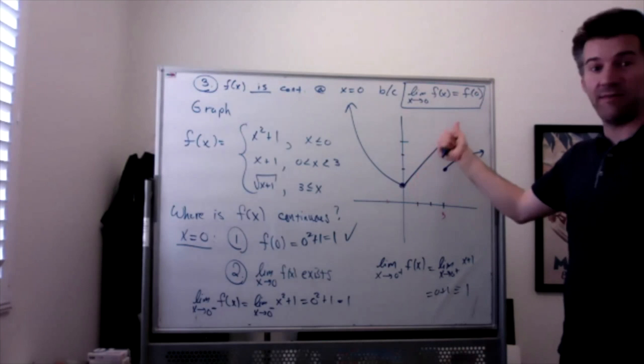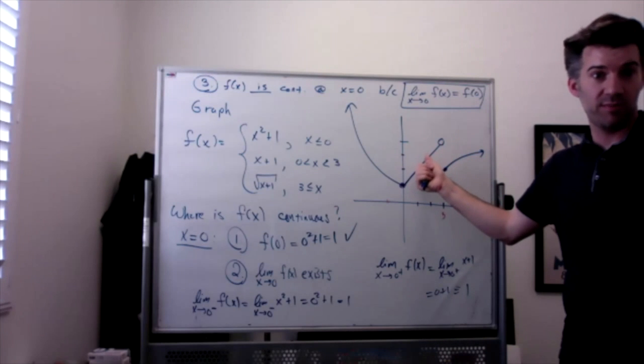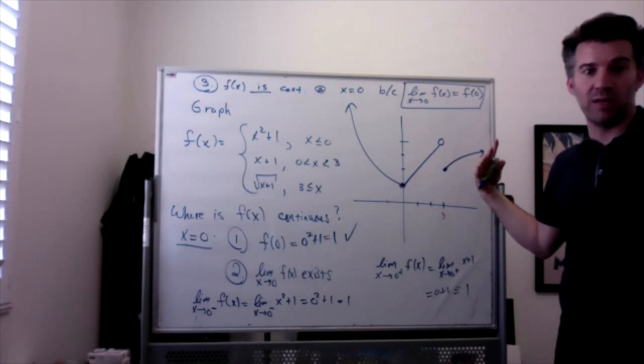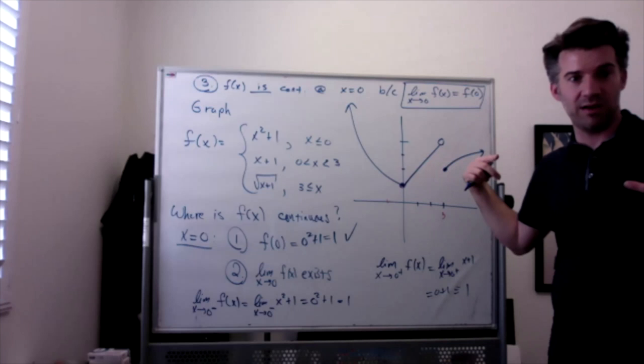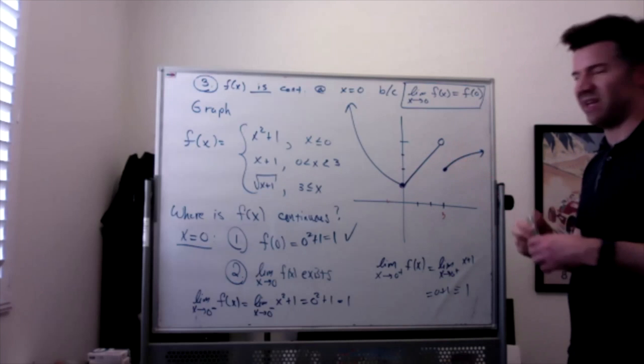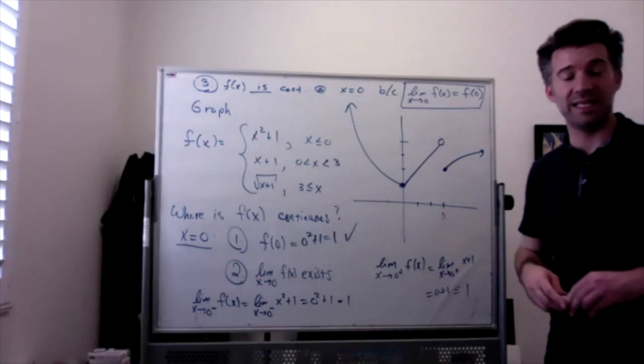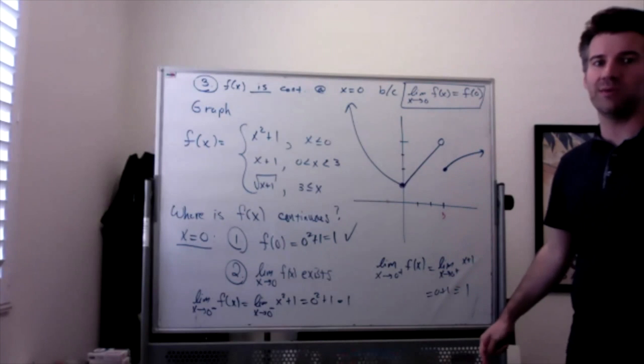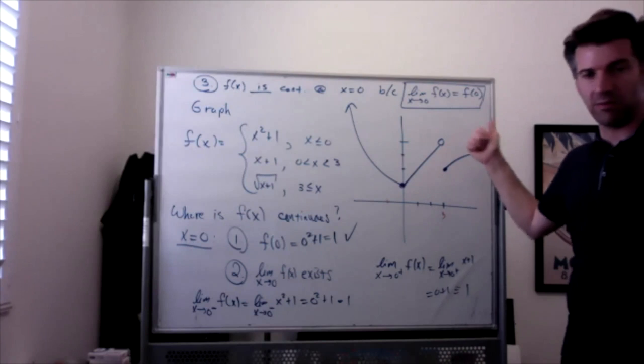The limit from the left is not equal to the function value. So this function is right continuous at 3. And to be continuous at a point, you have to be right continuous and left continuous there. That's not usually how we define continuity, but it is a way of defining continuity. So this function is right continuous at 3. It is not left continuous at 3.